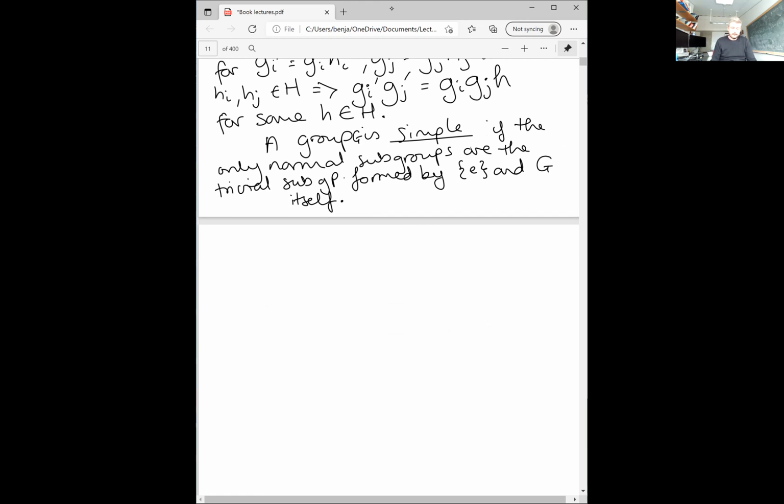Okay. So the center of a group is written calligraphic Z of G, where G is the group.